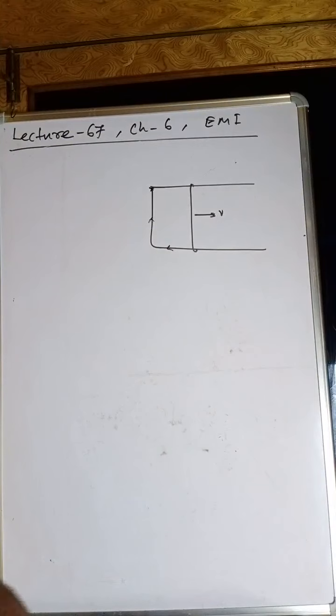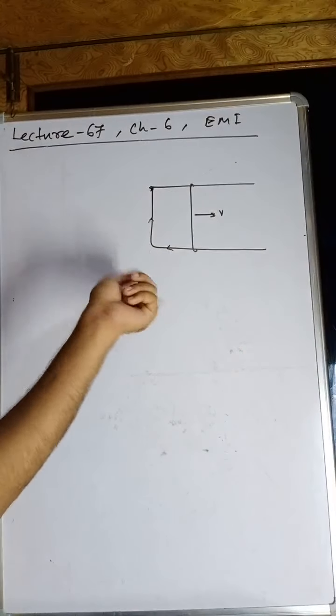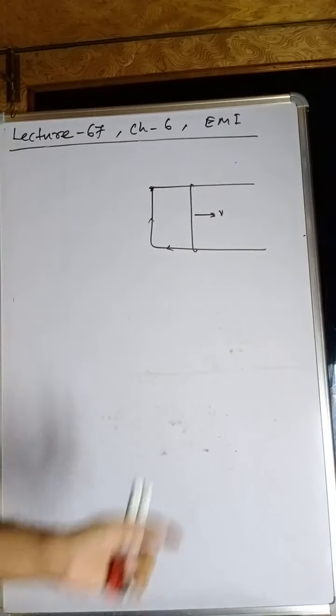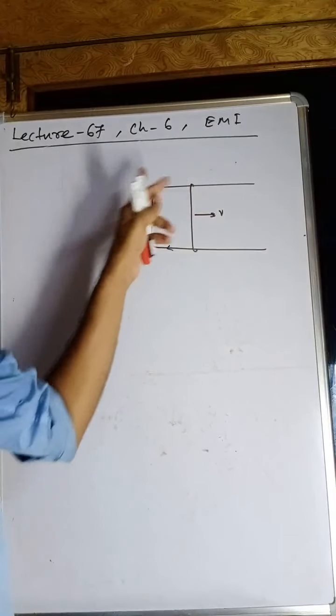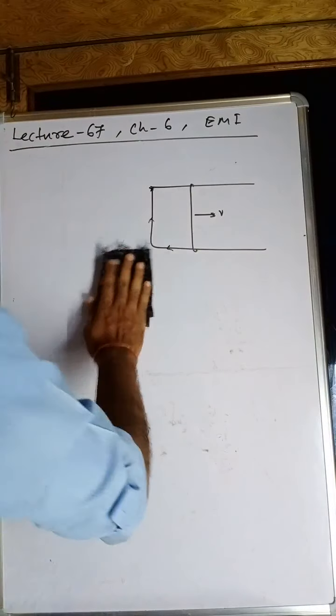We know that energy can never be produced. Then whether this violates the law of conservation of energy, this was the question. So try to understand whether this production of energy in this coil is violating the law of conservation of energy, my dear students.